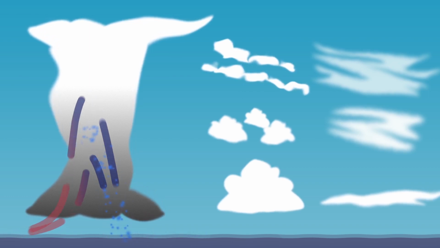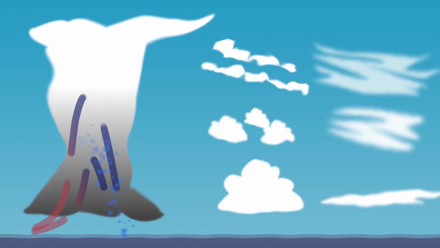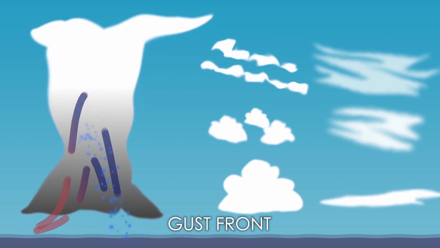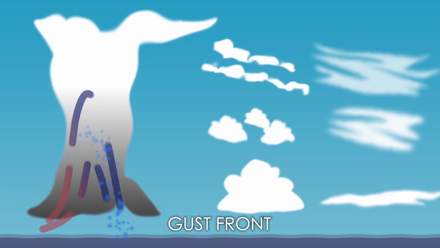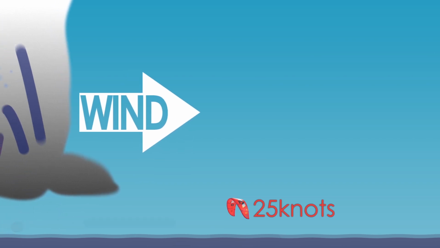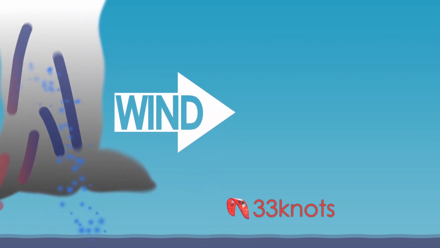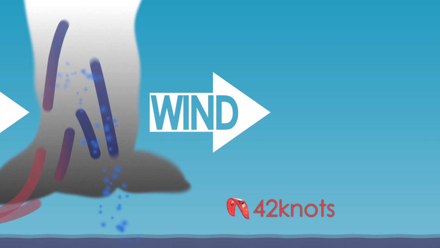When this chilled dense air reaches the surface, it spreads out in both directions, pushing air forwards from the cloud, creating a gust front, and also pushing back from the cloud. This gust front can be deadly to a kiter and can extend well ahead of the cloud and its rain.